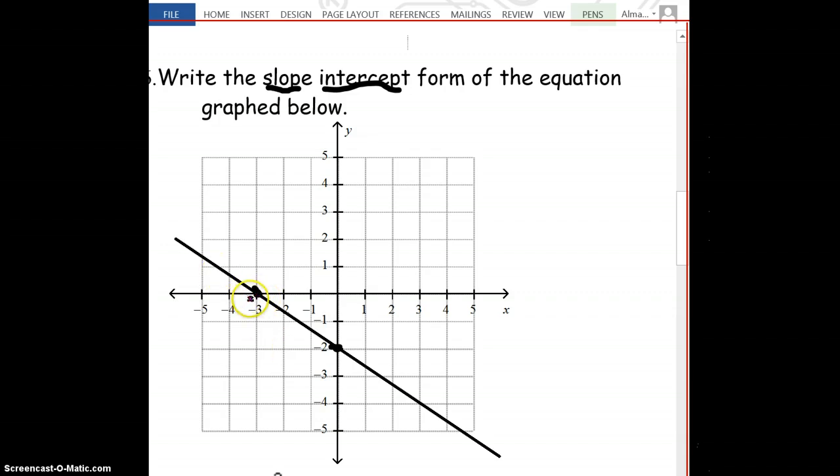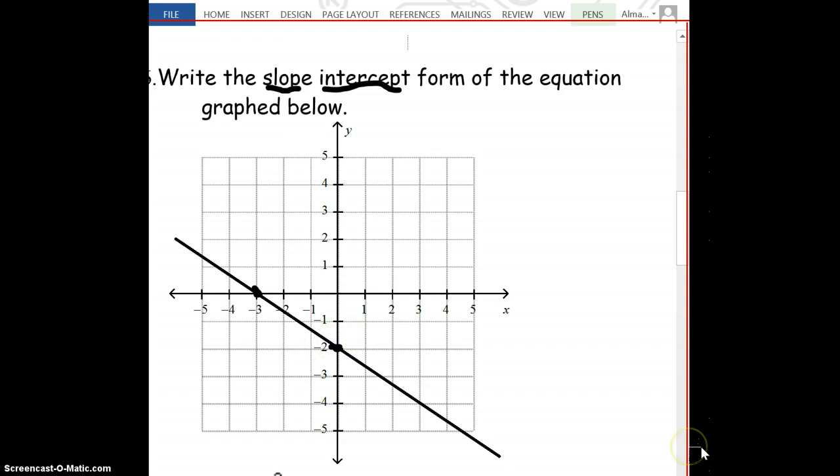To go from the first one to the second one, I have to run 1, 2, 3, and I have to rise 1, 2.